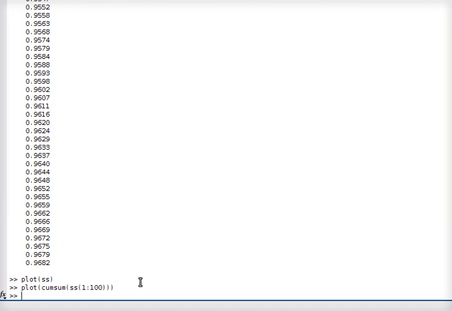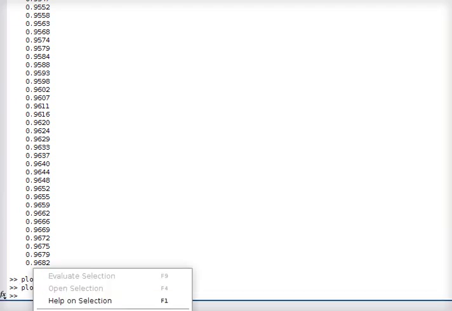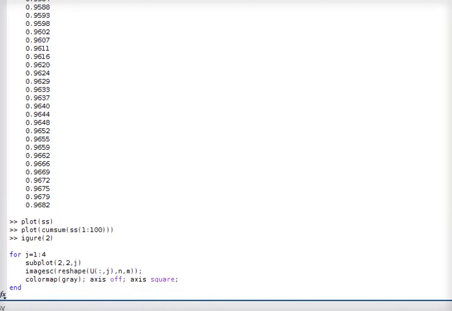So we've taken care of the analysis of our singular values, and now we want to take a look at the eigenfaces. I'm going to copy and paste this so you're not having to watch me type it. These are in the notes again.